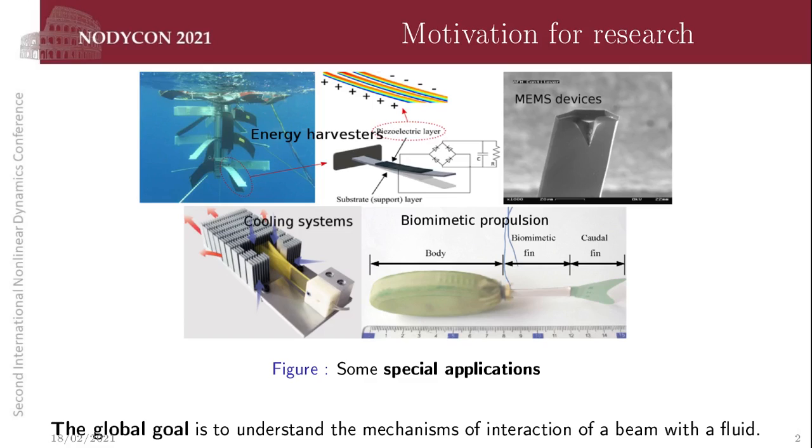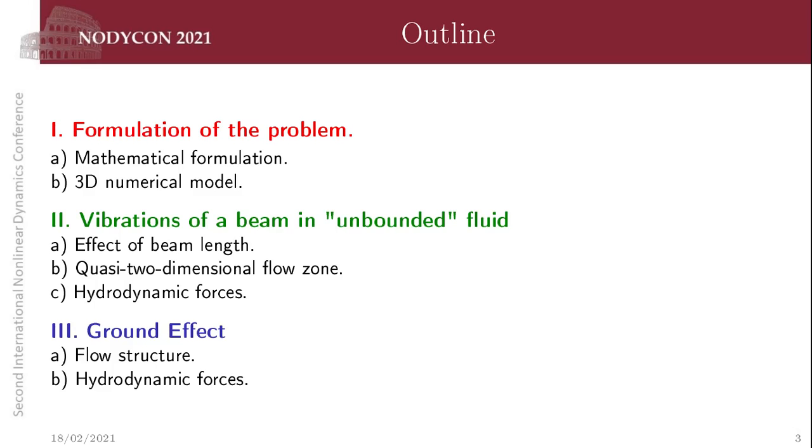The global goal of the present research is to understand the mechanism of the interaction of the beam with the fluid. In this presentation, we will discuss several main factors which have a strong influence on the structure of the flows induced by the oscillations of the beams and on the corresponding hydrodynamic forces.